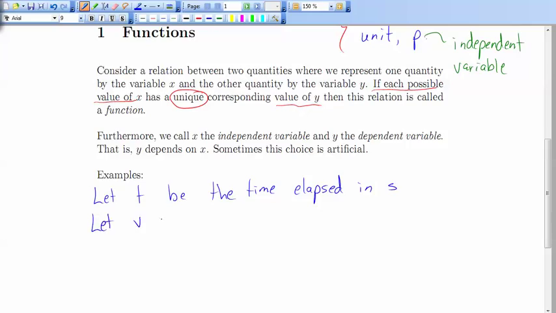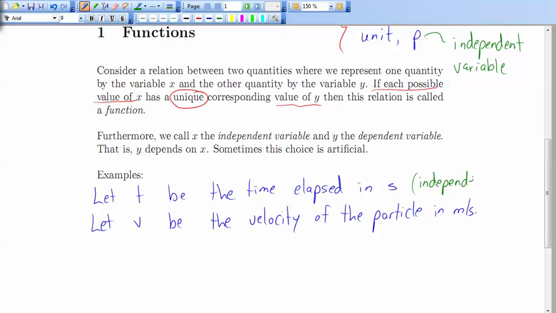Let's let v be the velocity of the particle in meters per second. Okay. And if that's the case, we'd usually say that the velocity depends on the time elapsed. So our time is the independent variable, and our velocity is the dependent variable.